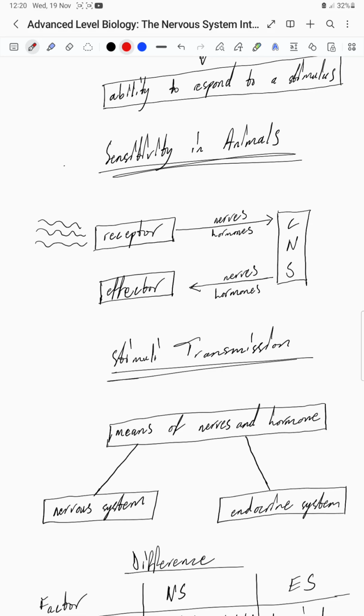We have this diagram here. We have the receptors, the central nervous system, and the effectors. We are going to explain further what these are.